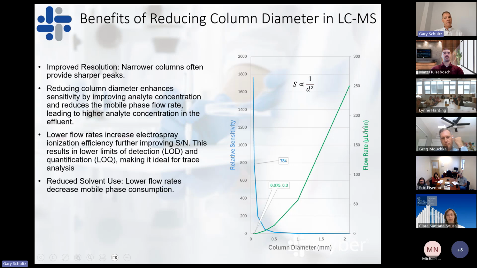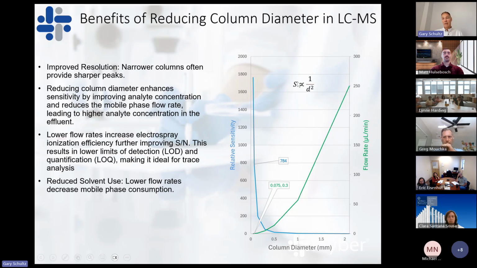Earlier I talked a little bit about the benefits of reducing column diameter, and that's shown graphically here. By going to smaller diameter columns, we not only gain in separation efficiency, we also enhance the concentration sensitivity.